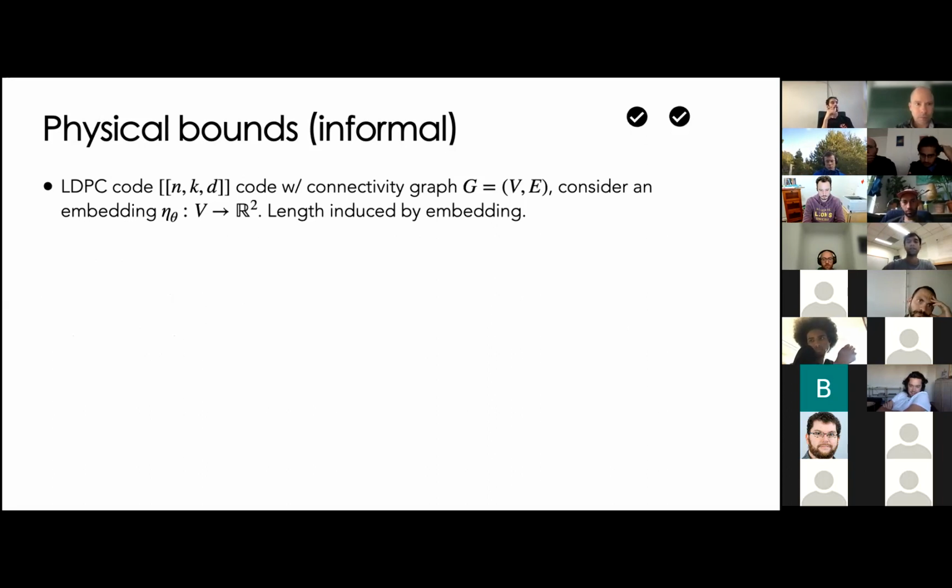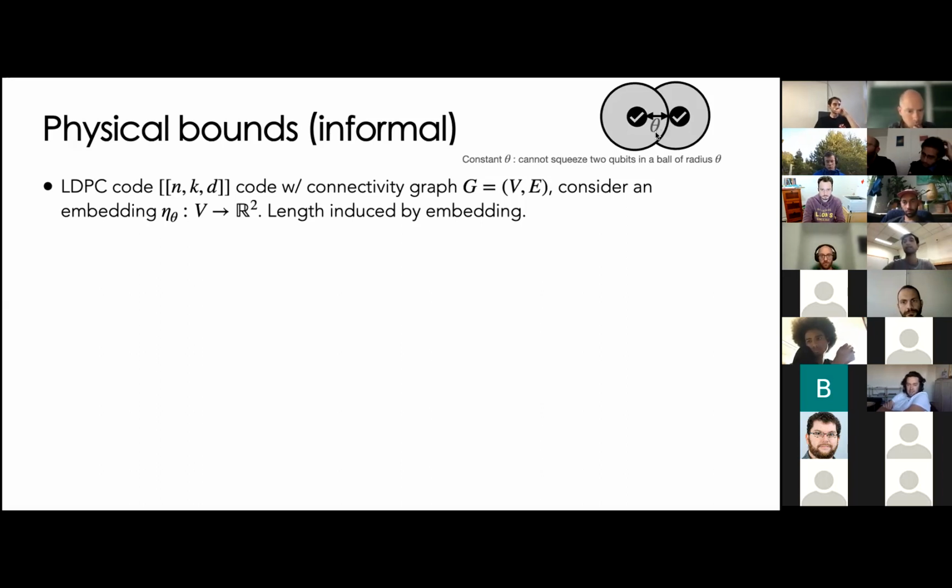And these are characterized by this parameter theta, which says that if I were to consider two qubits, then the distance between them is always at least theta, and I can't squeeze any two qubits closer than theta. So for instance, if you were to embed qubits in a unit lattice, this distance theta might just be 1. So if that is convenient, you can just set theta equals 1.